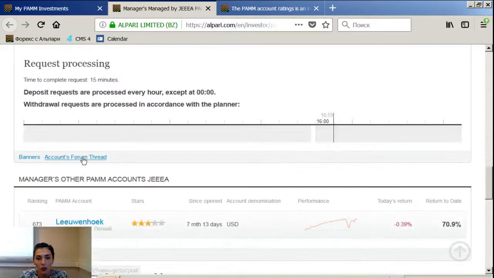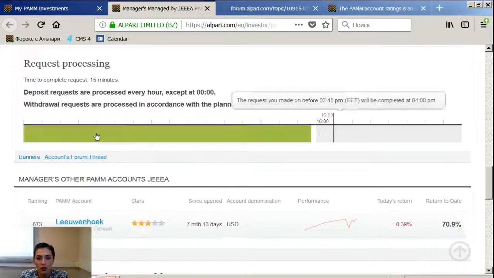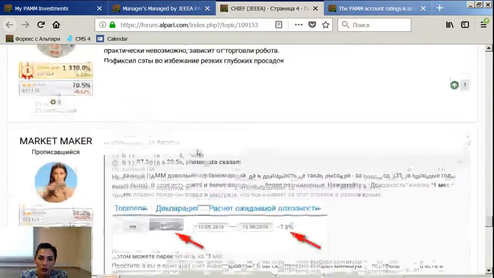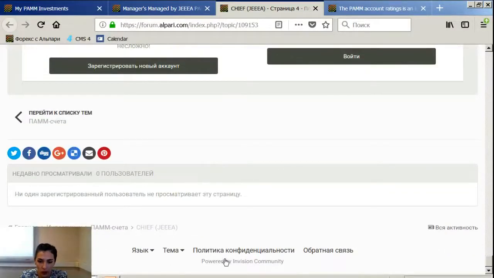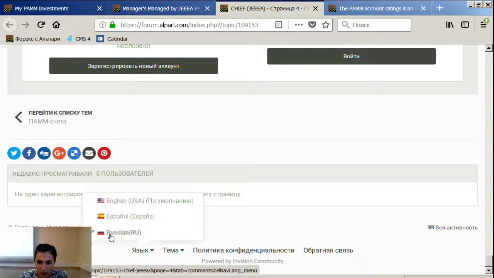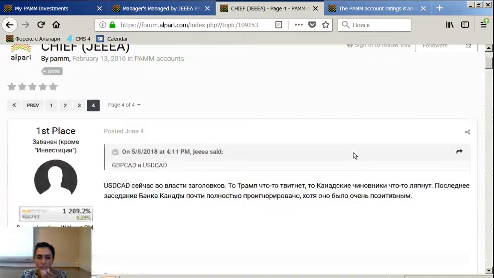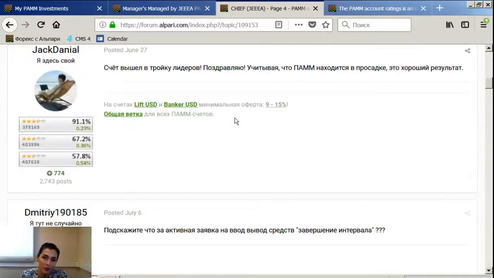Also, you can communicate with the managers in the forum thread, but this is in Russian, so you can change the language down the page to English, and some information you can see here in English. But in general, if you write some message to the manager, he must answer you, even if it's in English.